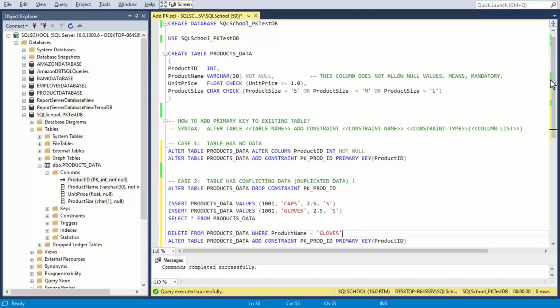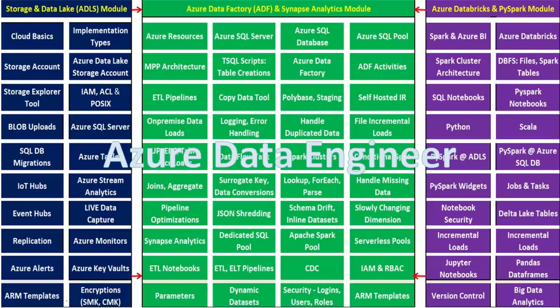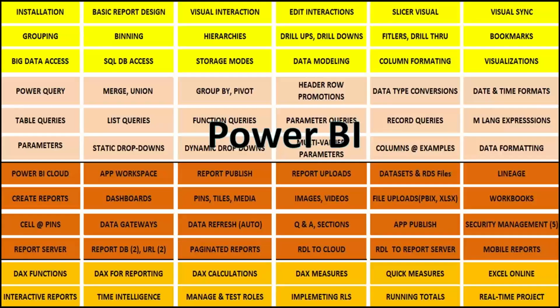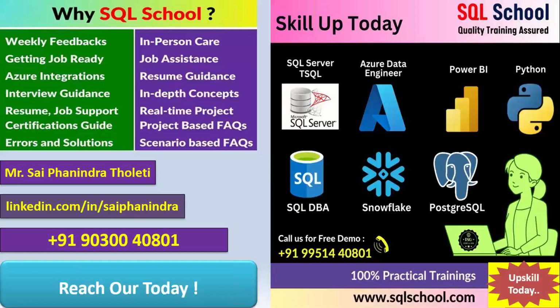So this way, two different cases to answer our common interview question, how to add a primary key to an existing table. And our training classes are completely practical, real time, with step by step training methodologies without any compromise.